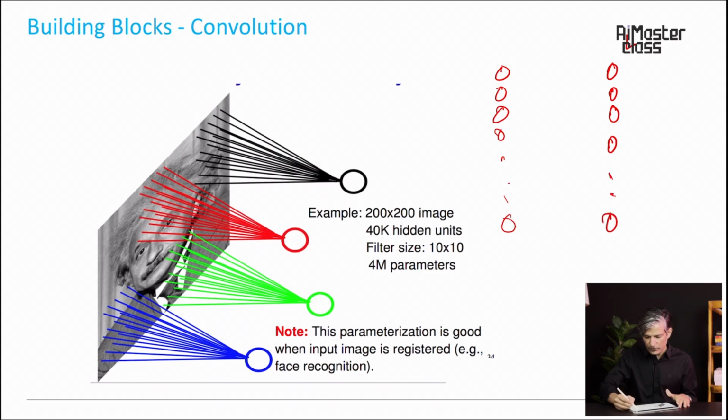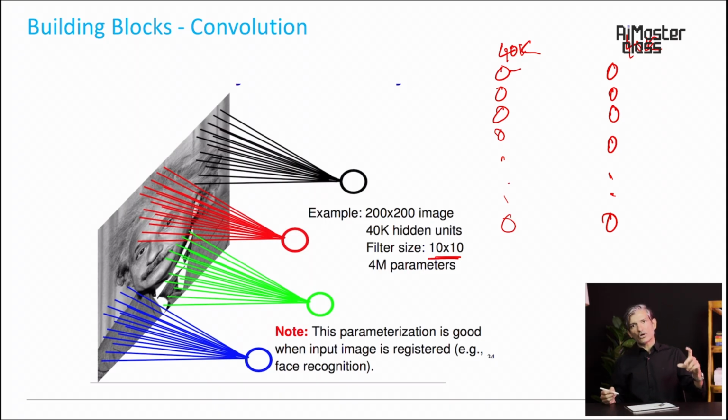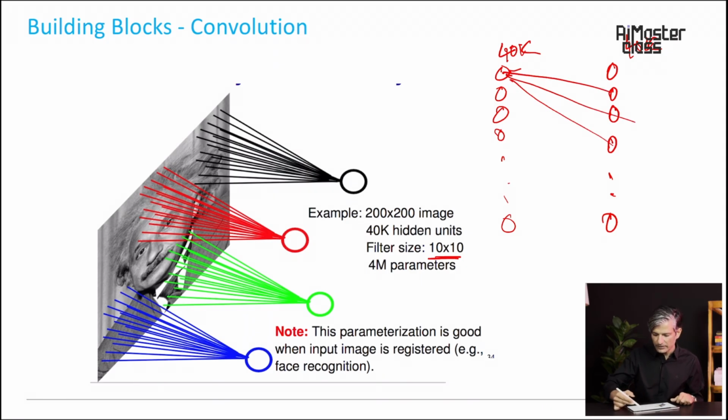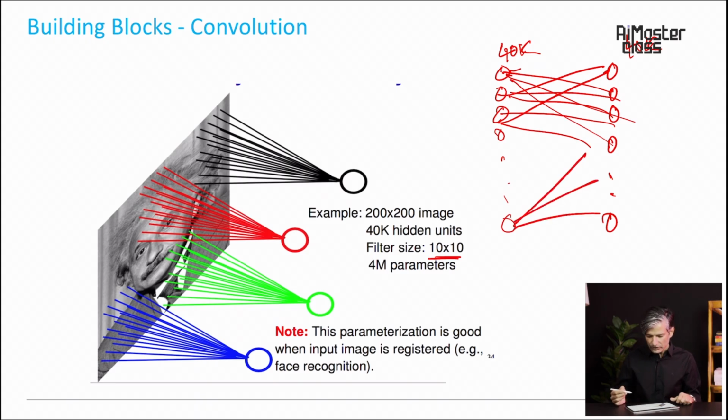Now instead of connecting one to all outputs, let's connect, say, these 10 cross 10, or 100 neurons, to 100 outputs. Let's connect this to some 100, then let's connect the next one to another 100, and the next one to another 100, and so on. This way we are reducing the number of parameters.